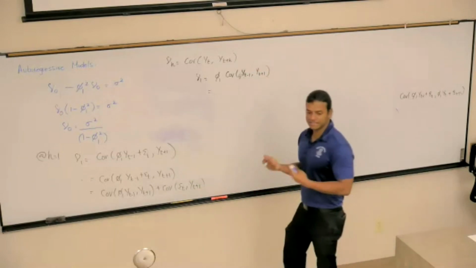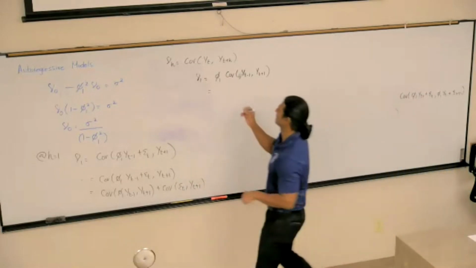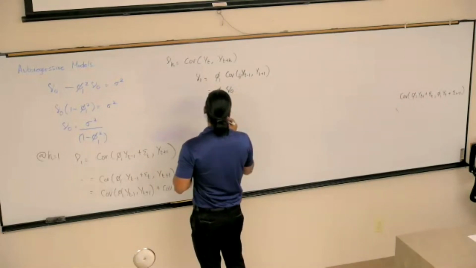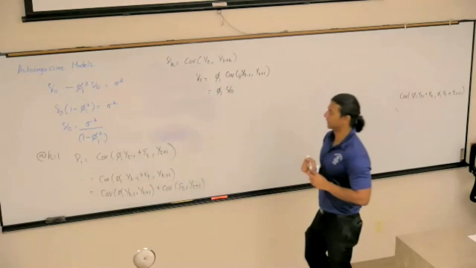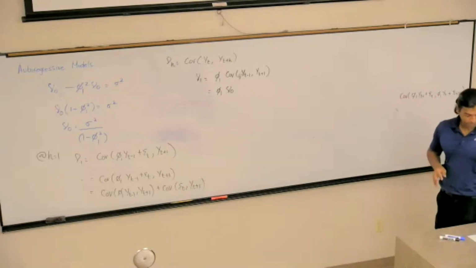And since it is the same series, there has to be covariance between the y's. So this would become phi1 gamma naught. Good.